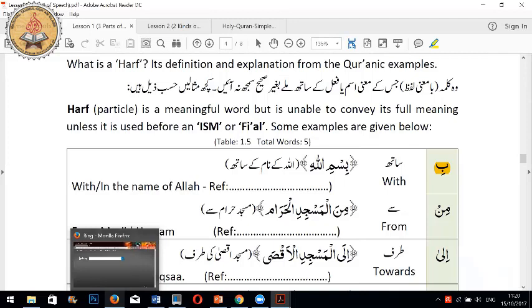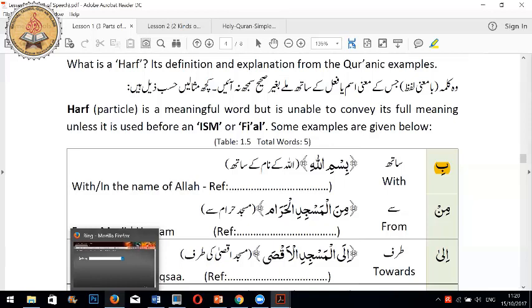We understand, and it is understood. Literal translation is with the name of Allah. But here, in the name of Allah, is a literary translation, not literal.